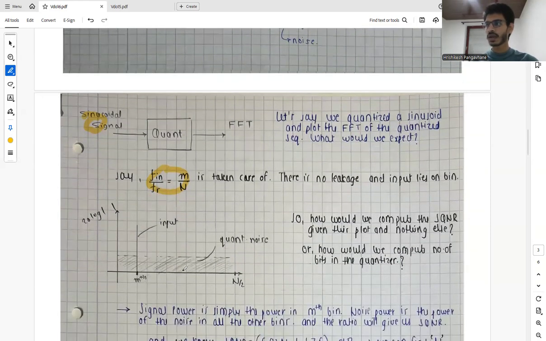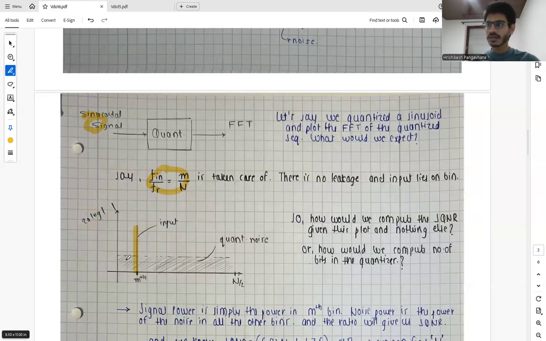If we take the n-point sequence and repeat it periodically, and plot the coefficients of the discrete Fourier series, we have the magnitude in dBs. Let's say the signal input lies in the mth bin. So this is N by 2.